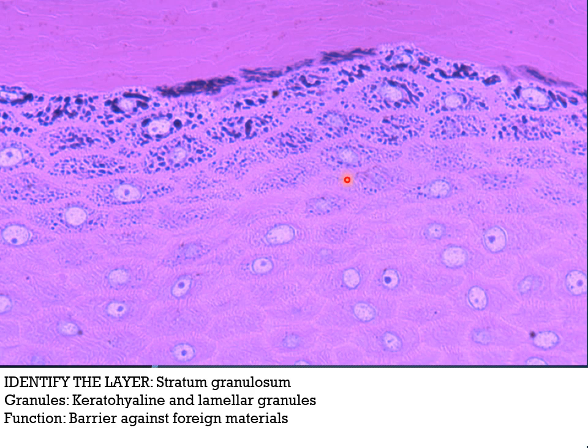Next layer is stratum granulosum. From the name itself, granular ang appearance niya under microscope. So, yan yung mga granules. And ano yung mga type of granules present in this layer? It is what you call the keratohyalin and lamellar granules. This specific granule serves as a toxic compound against the bacteria, mga fungi, and even parasites.